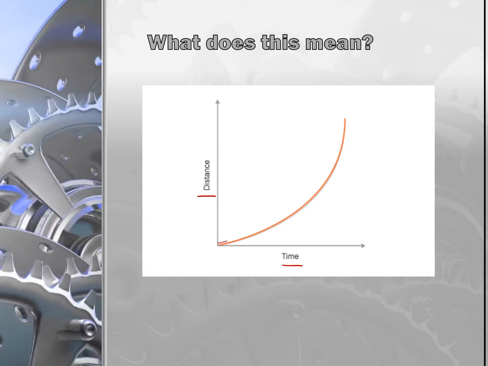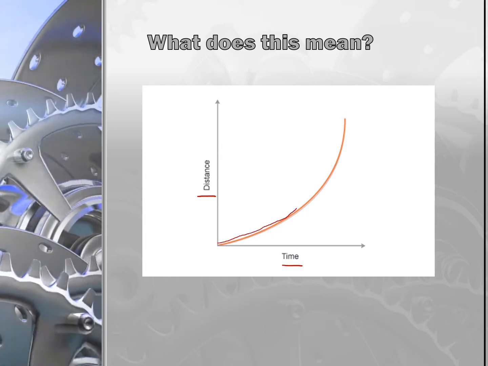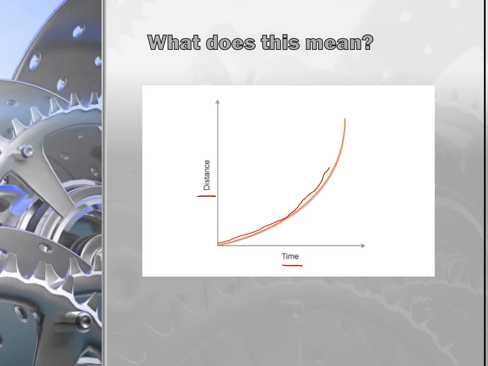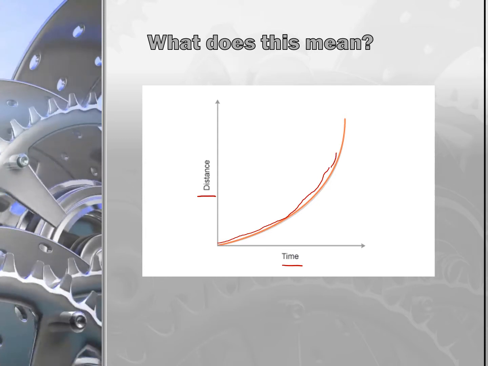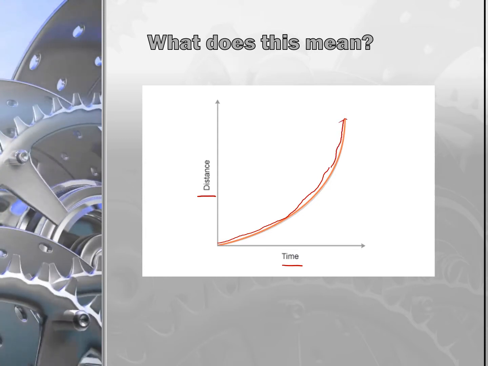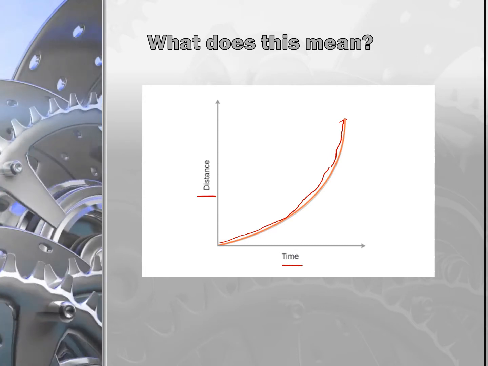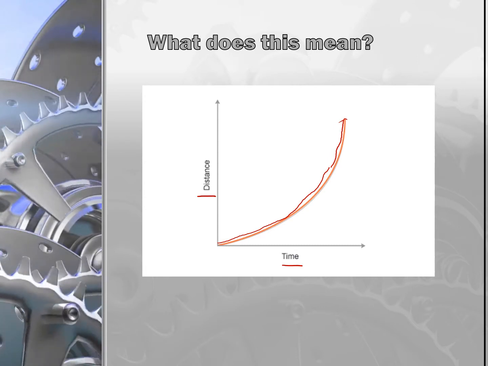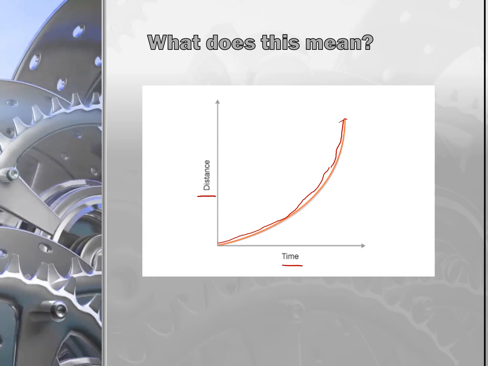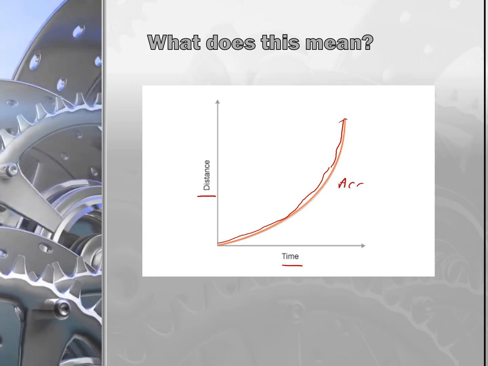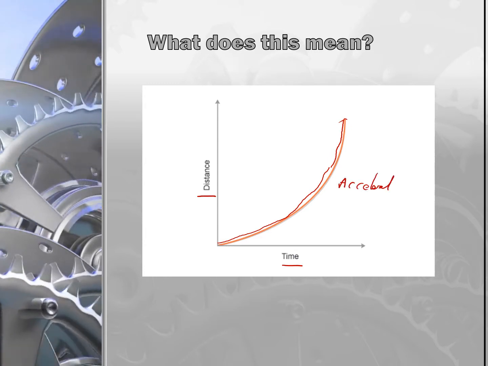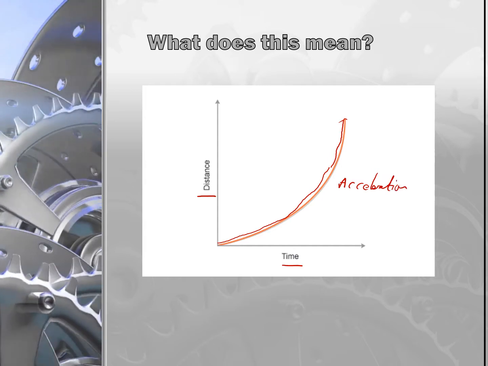But it's not constant. We can see that the amount of distance is increasing consistently with time. So there's a greater and greater distance with every unit of time. So this is a graph showing acceleration. And hopefully you've remembered that from last time.